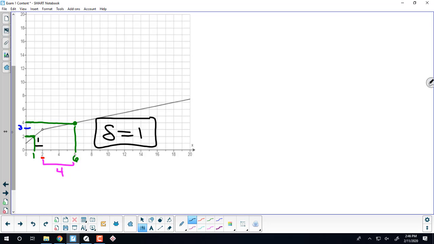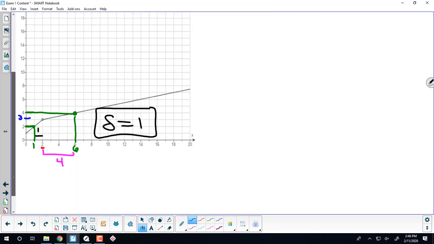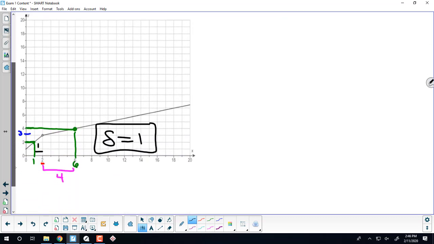Yeah, on section 2.7, number 1. Yeah, let me label this as number 6. It's really large.